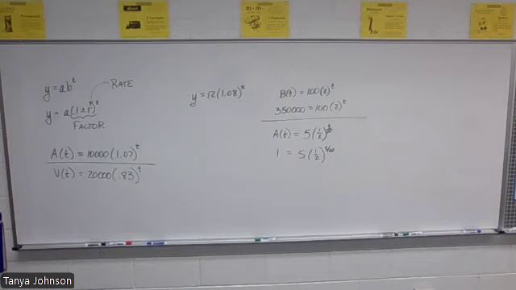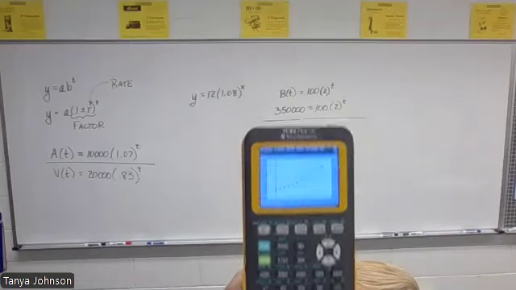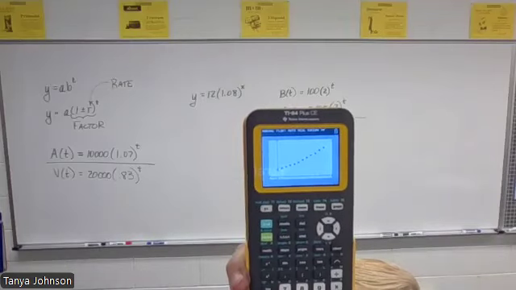Are you getting a screen where you can see your points? If you turn the plot on for Y1, they look kind of like blue boxes. If you build a window properly, you should be able to see your boxes about like that, okay?